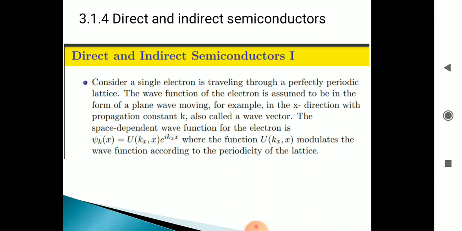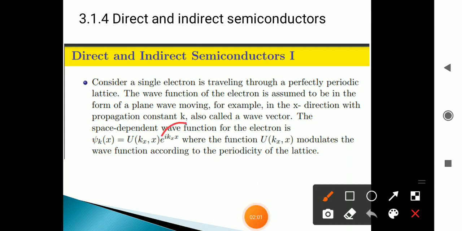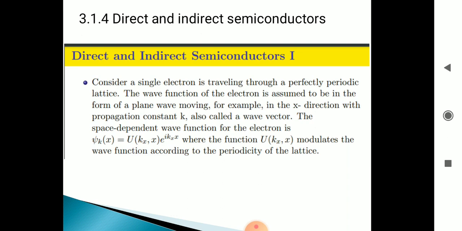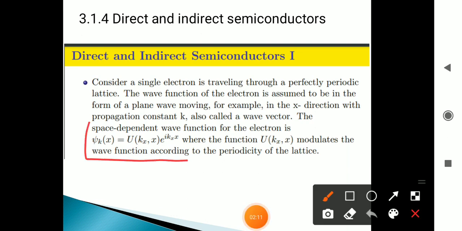The function u of kx comma x modulates the wave function according to the periodicity of the lattice. The exponential function modulates the value of u, and it represents how the electron is moving.